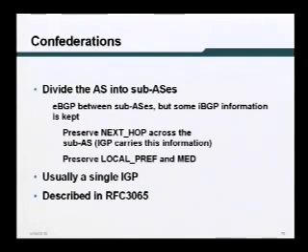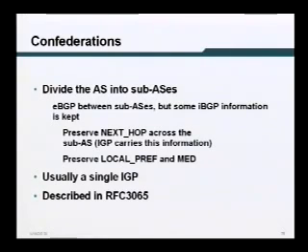One POP might be one autonomous system, another POP might be another, and you split your network up into a large number of what are called sub-ASs, or sub-autonomous systems. We're using eBGP between these sub-ASs, but it's not quite eBGP because you keep some iBGP information there. You preserve the next hop, for example, across the sub-AS. You preserve local pref and MED, which you don't do in eBGP at all. You don't touch your IGP.